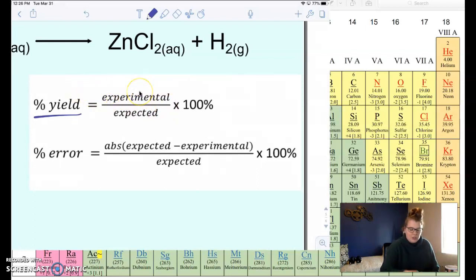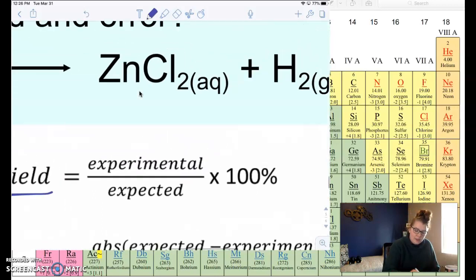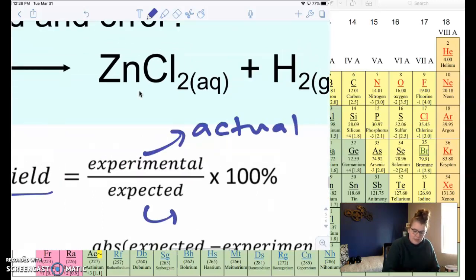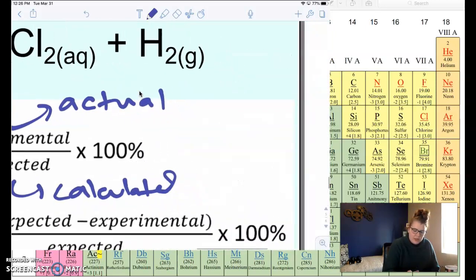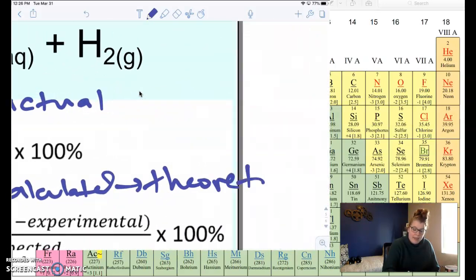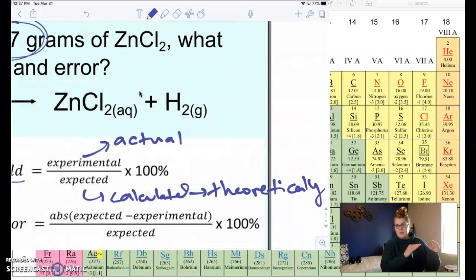Experimental is what you actually got in the experiment, and the expected is your calculated value, sometimes referred to as your theoretical value. That's what the math told you should make. So one number is what the math said, one number is what you actually made. So let's say you actually made 1 gram and you should have made 1 gram according to the math.